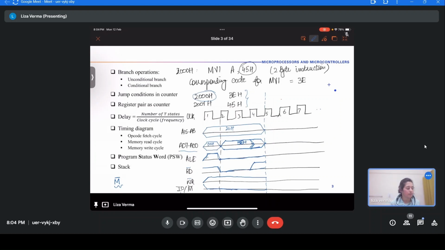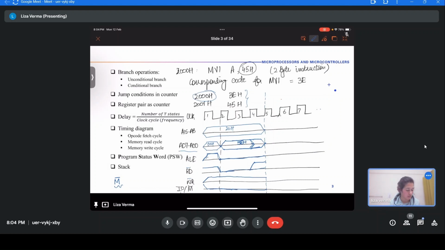By the time this T4 is completed, it has received the opcode, and it knows from the opcode, since it has received 3E and it has been decoded, that the instruction is MVI, and now it needs another data byte that has to be moved to the accumulator.